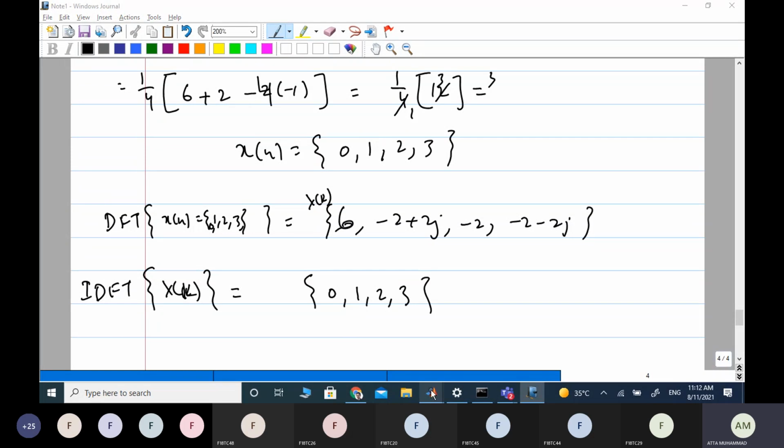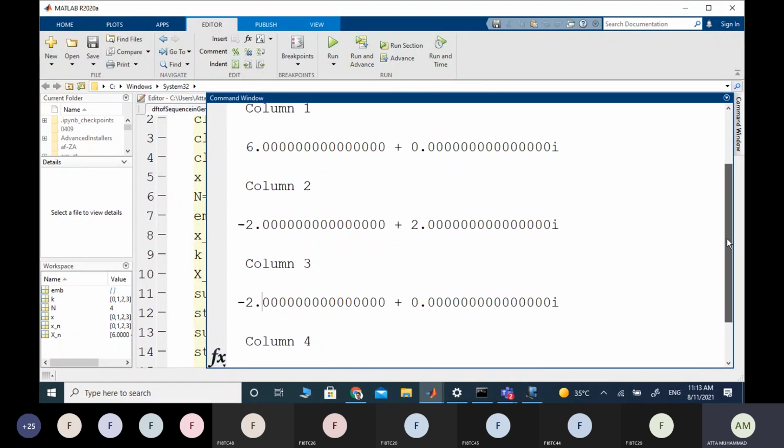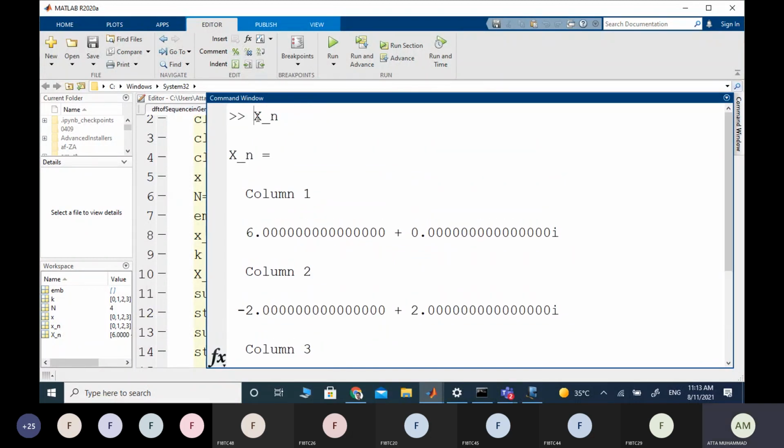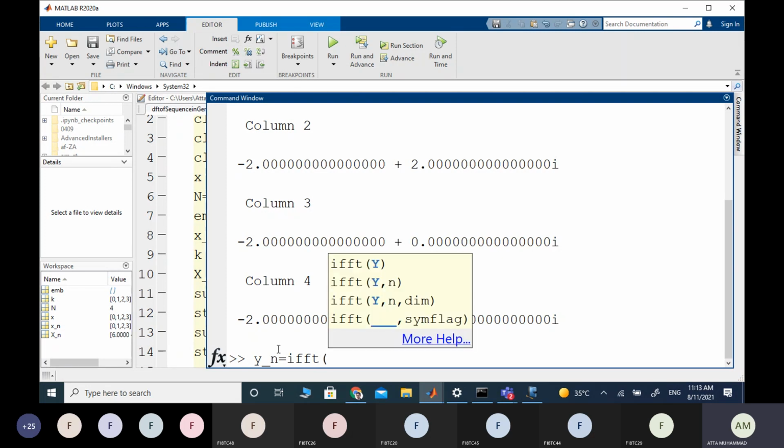So let us see now whether we can extract back the same signal from MATLAB as well. Now we know that our computed frequency coefficients are in variable capital X underscore n. Now if I wish to compute the output y underscore n, then we have to use a command called IFFT, inverse fast Fourier transform, and we know that fast Fourier transform is an efficient method to compute the frequency spectrum of a discrete time signal, or DFT.